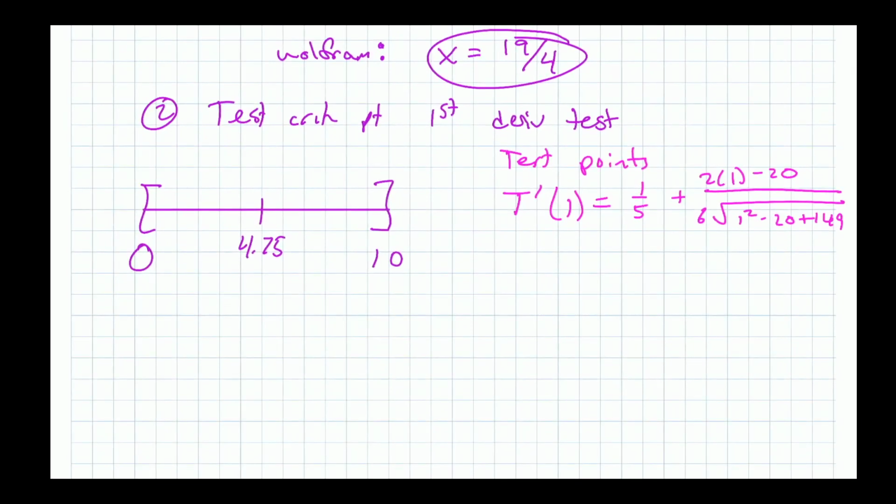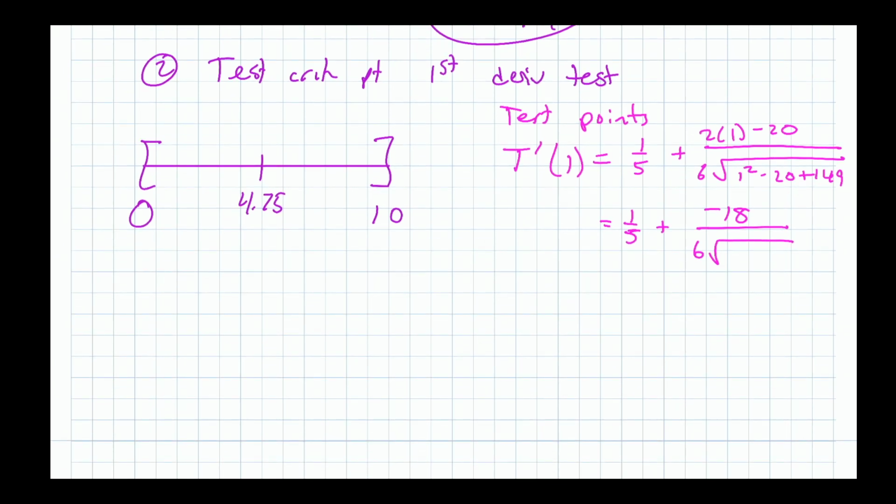All right. 1/5 plus 2 minus 20 is negative 18 over the square root, which is just going to be 149 minus 20 plus 1. So 150 minus 20 is 130.